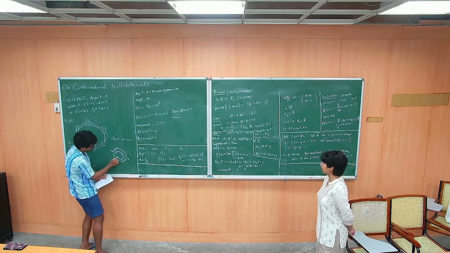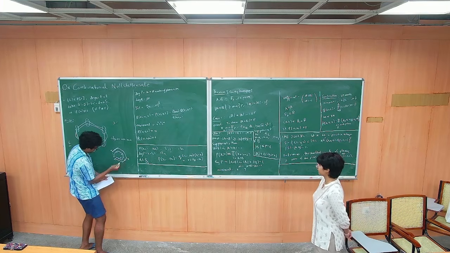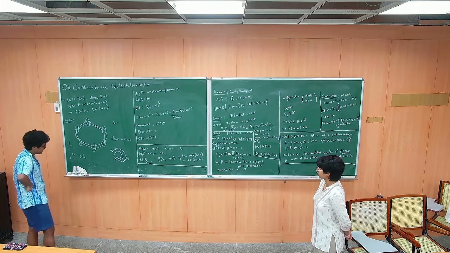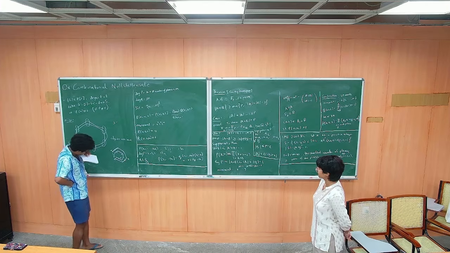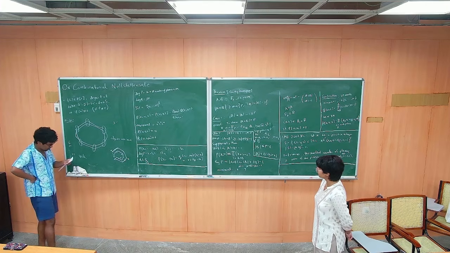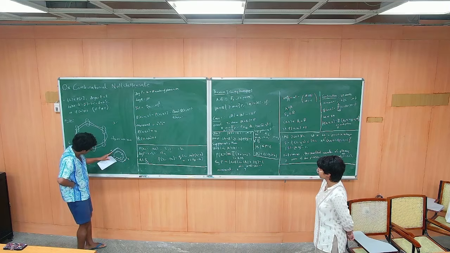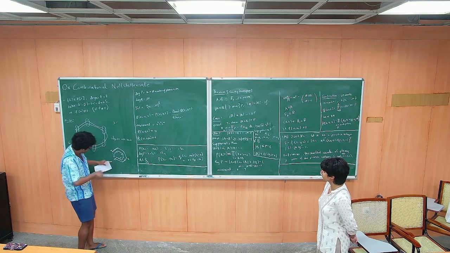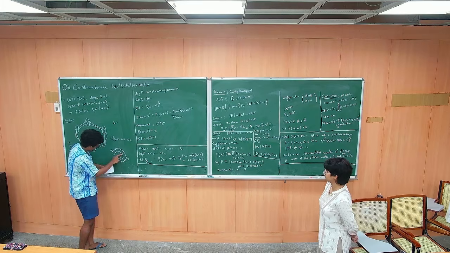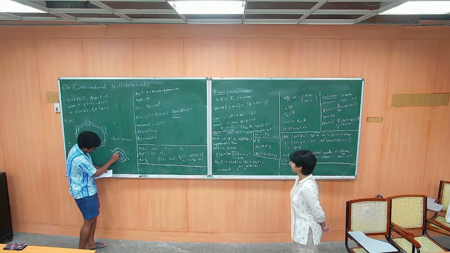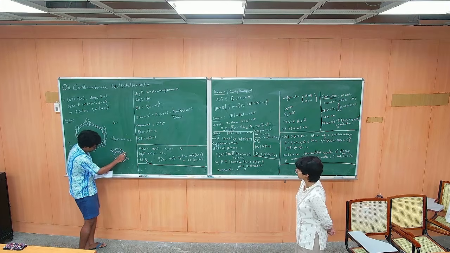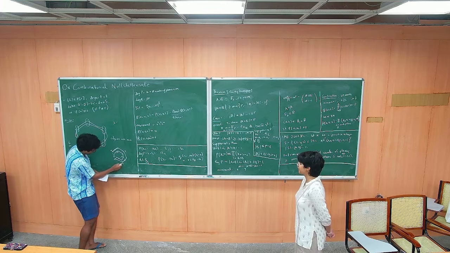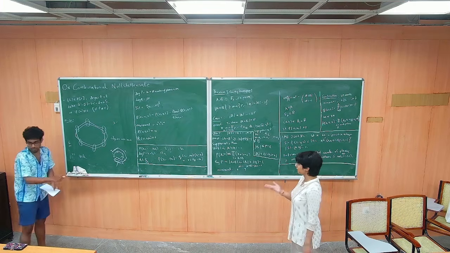But this is A, and the others are B. From here I could not go here, so this is A. So this is A, and this is A. But that is not possible, not valid. So this works.